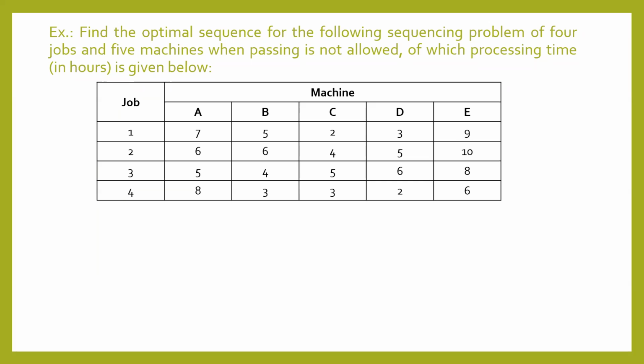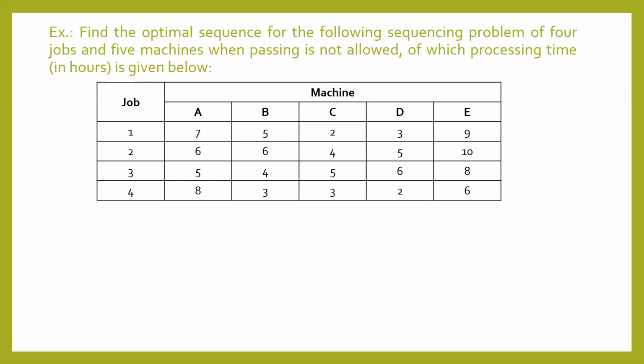Now, using these values, we are going to check the condition. What is the condition? Let us consider the first machine. The minimum of machine A should be greater than or equal to the maximum of the three machines B, C, and D. The maximum of 6, 5, and 6 is 6.